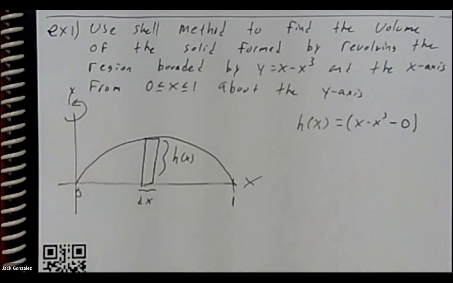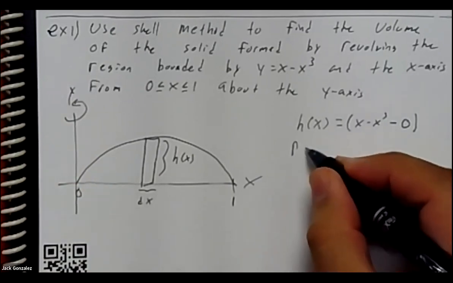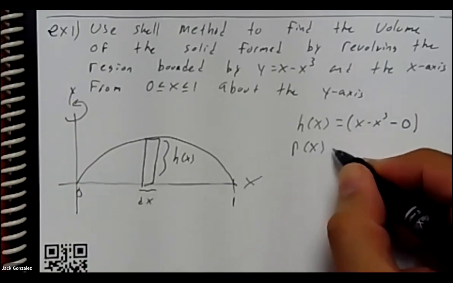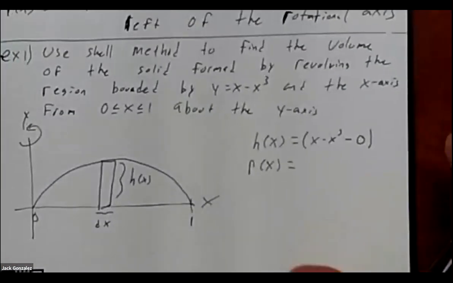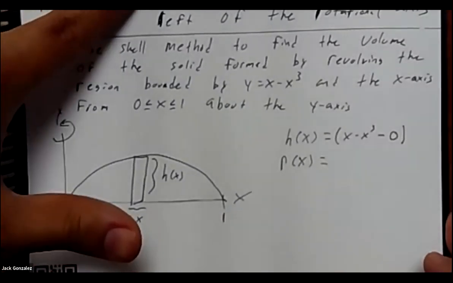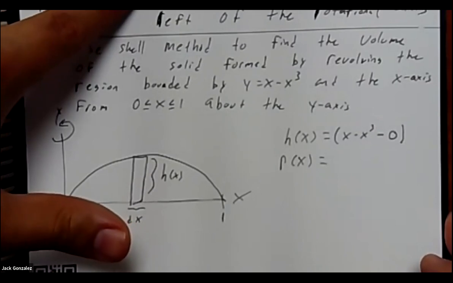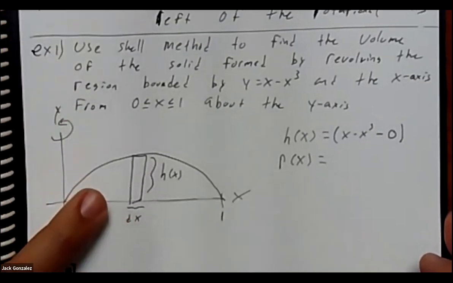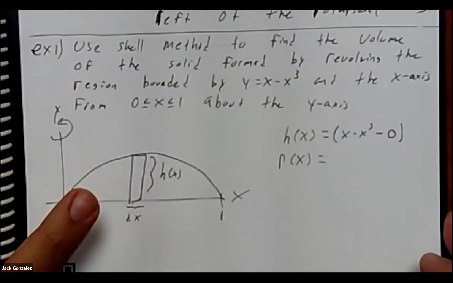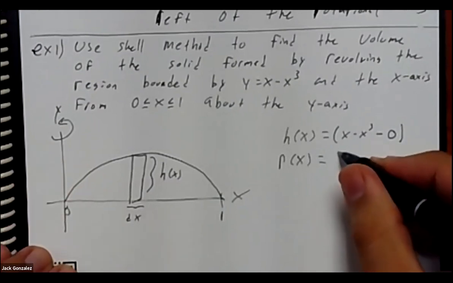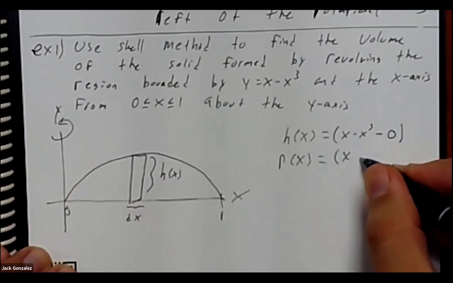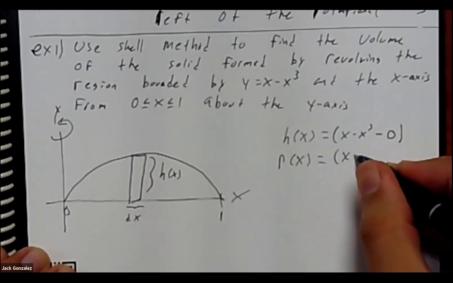That makes sense. Now rho is a little weird. Rho is going to be x minus a if the region is to the right of the rotation. I'm to the right of the rotation, right? It's going to be x minus a, where a is the rotation.